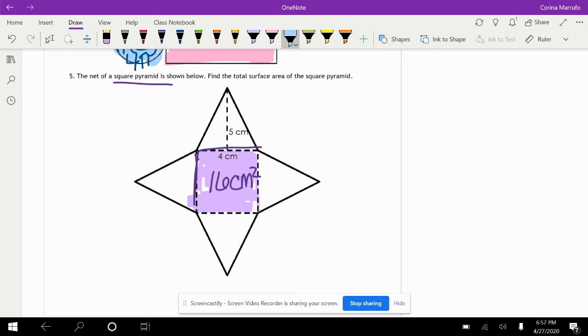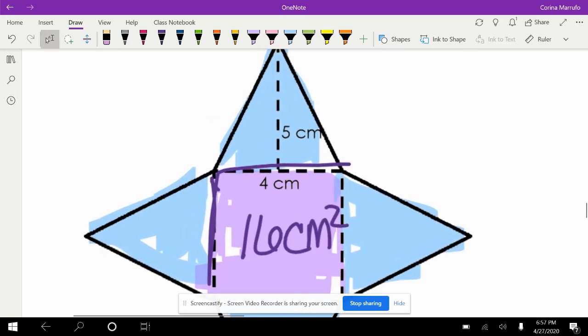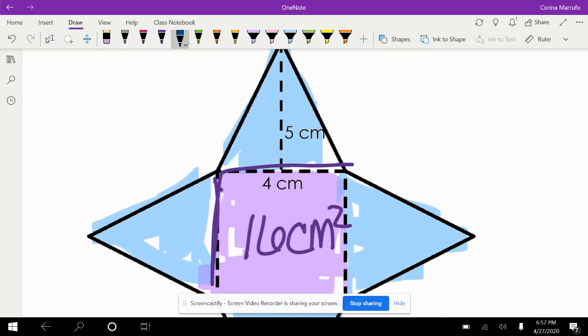And then my triangle, since this is a square pyramid, all these triangles need to be the exact same size in order for them to meet up together. If they would be different sizes, then the triangles wouldn't meet up together correctly. So the formula for the area of a triangle is going to be base times height divided by 2. And if I look here, my base is 4 and my height is 5.